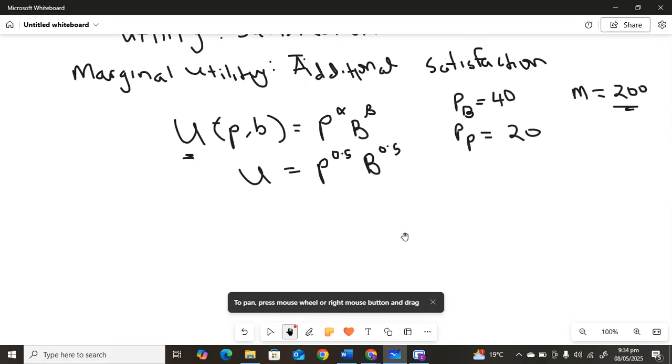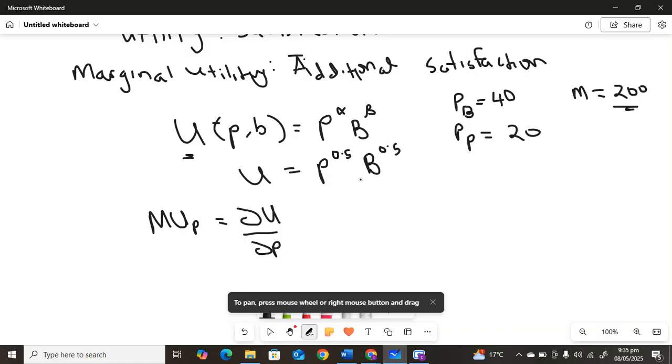To get the marginal utility for pork, MUP, we partially differentiate our utility function with respect to P. All that is telling us is that when we're differentiating this function, only P is the variable that we are focusing on. B, you're going to ignore it.